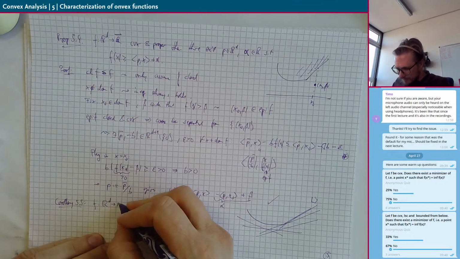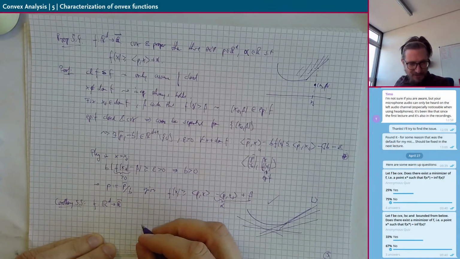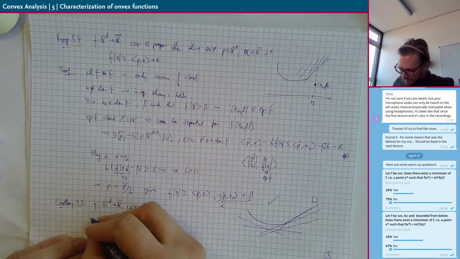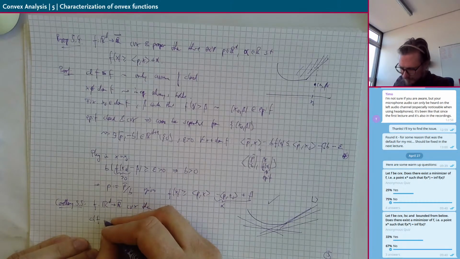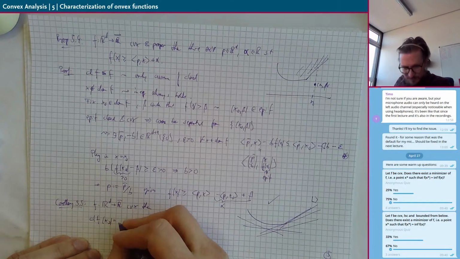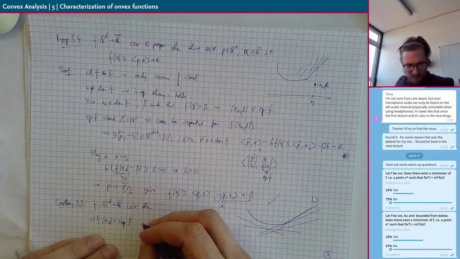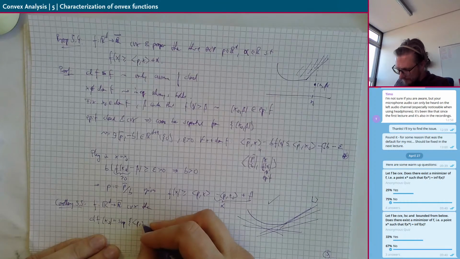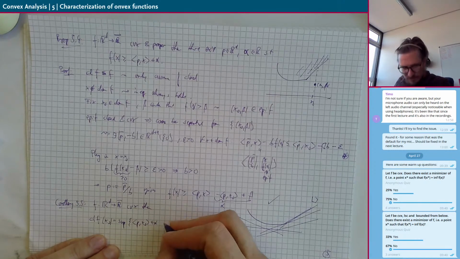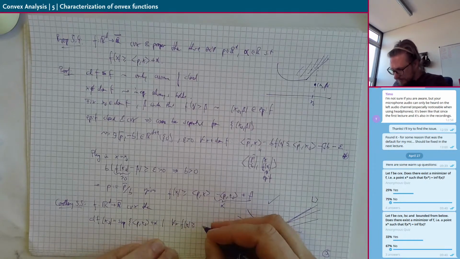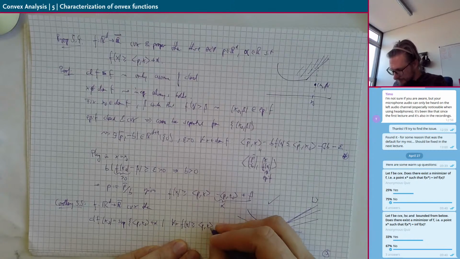So if we have an extended convex function, then the closure of f at some point x0, pointwise, is exactly the same as the supremum of the value of affine functions for which f of x is larger or equal to this affine function for all x.